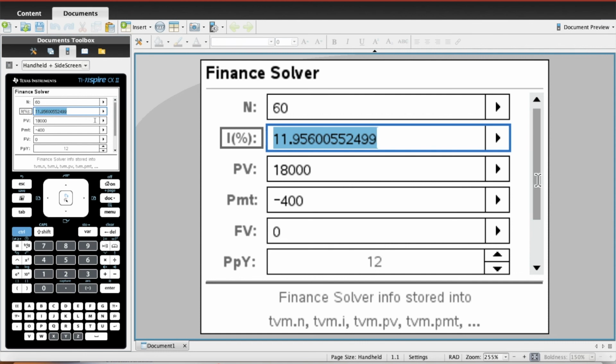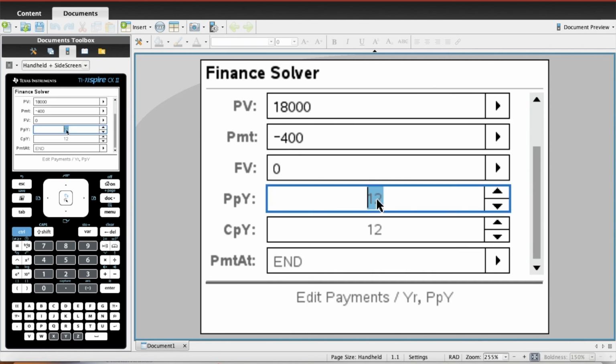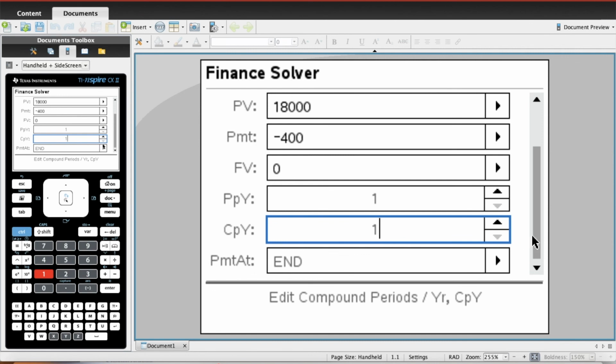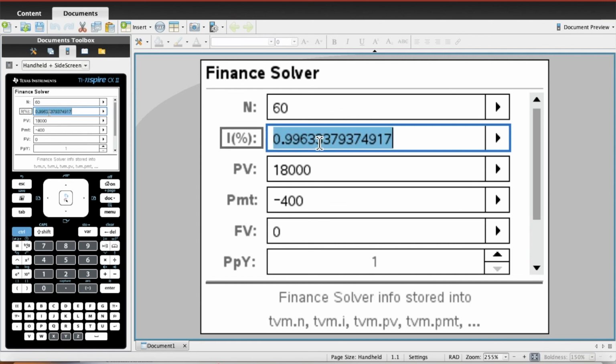The other way, of course, that you could have done this is you could have said, well, what if I think about this in terms of months, and so I go 1 and 1, so 1 payment per month, 1 compound per month, and you'll notice that if I go here and calculate the percentage, I get 0.996. And you may say, well, that's not right. Well, that's per month now.